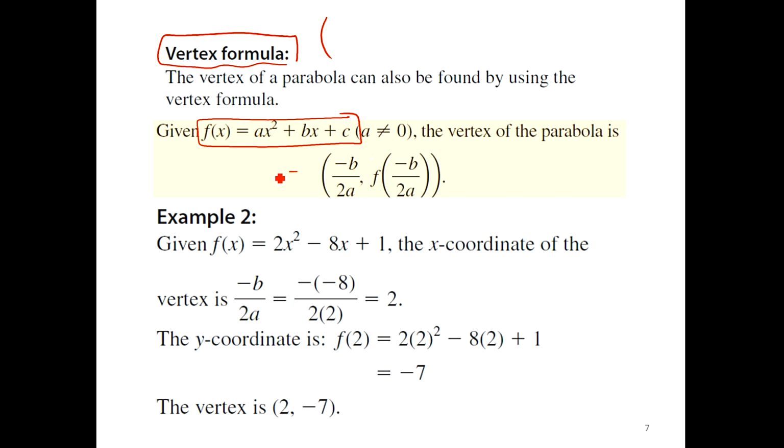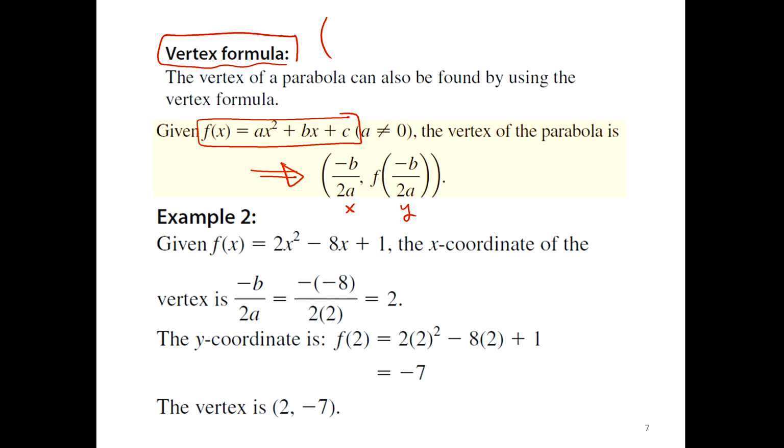We can find the vertex by this formula: minus b over 2a, this is the x-coordinate of the vertex. Substitute the value of the x-coordinate in f of x to obtain what?